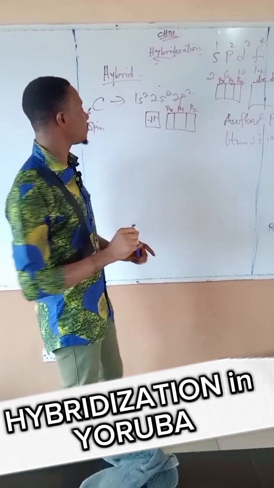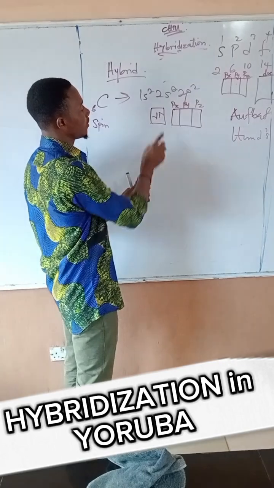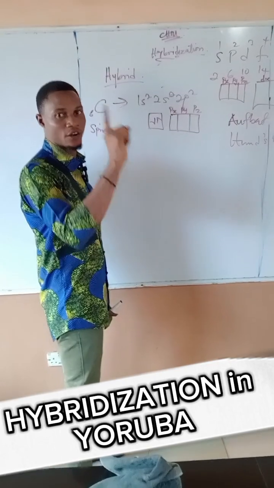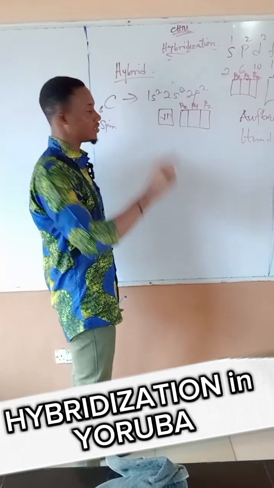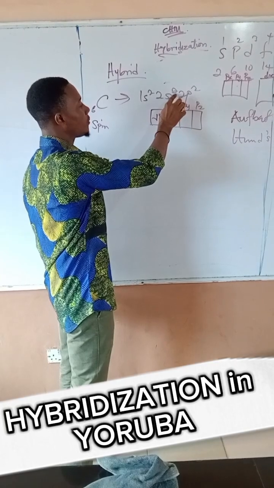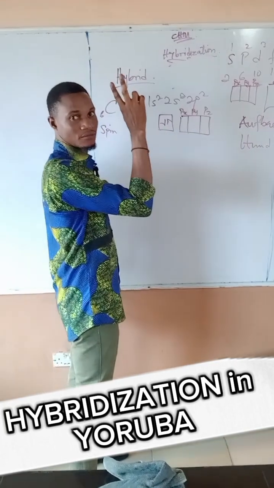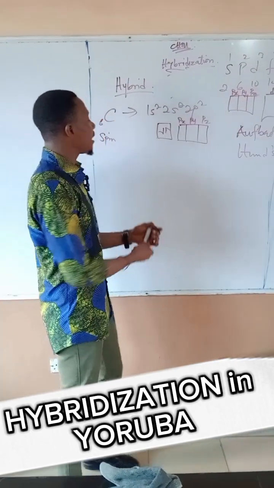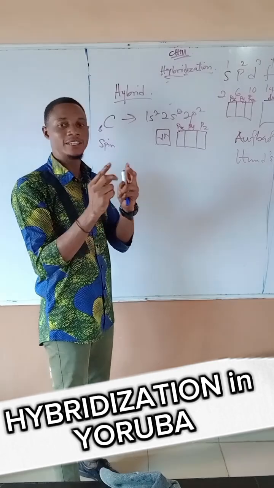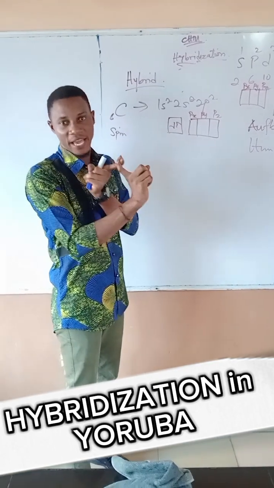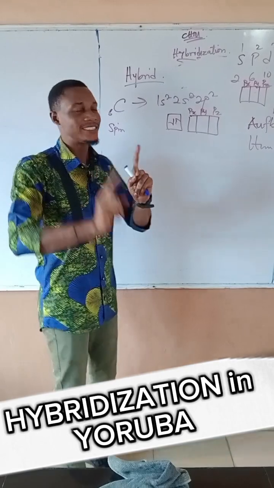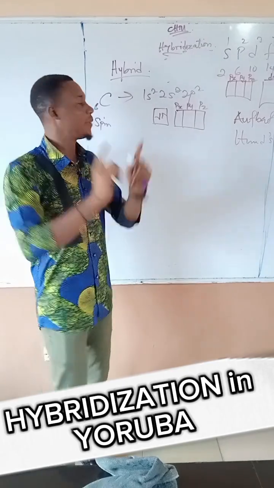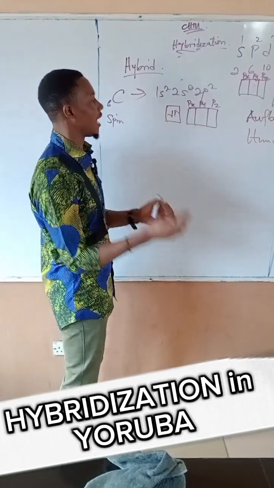For the s orbital, the degenerated orbital or suborbital is just one, and it holds two electrons. Hund's rule tells us that if the two electrons are in a pair, they must be in opposite directions.